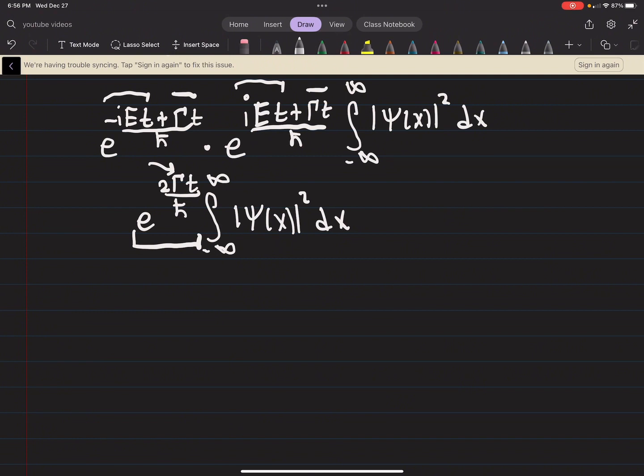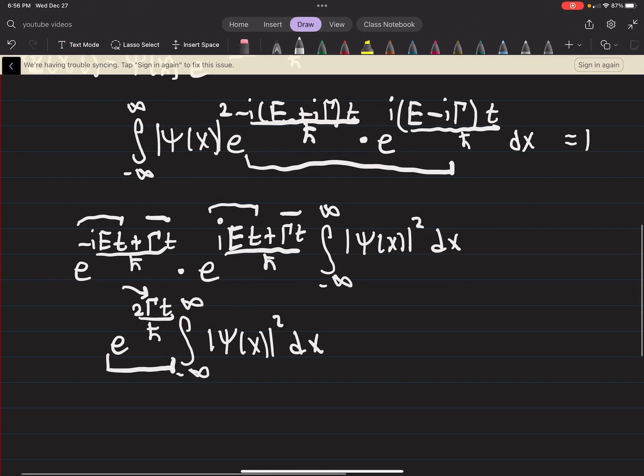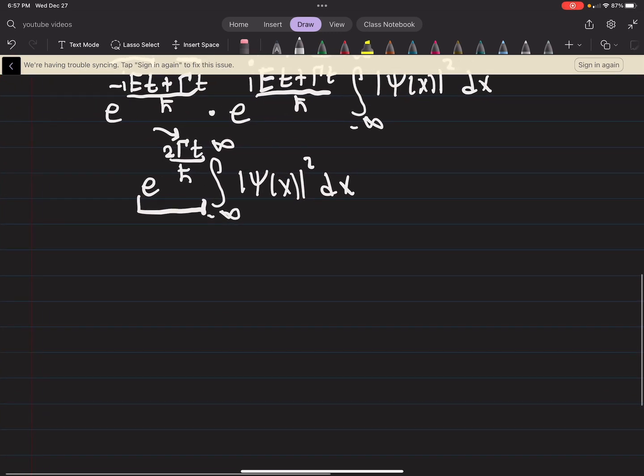And gamma is what we're proving needs to be 0, because that was the imaginary part here. That was our imaginary number. Okay? And t is obviously time, that's going to vary. So gamma equaling 0, then e to the 0 is just 1. And we get our normalization condition. So that was part A.